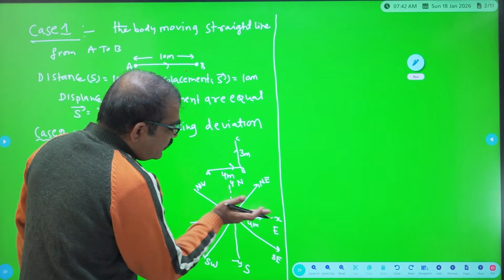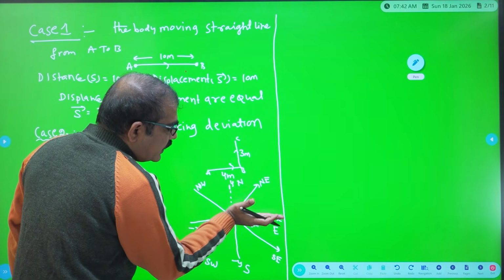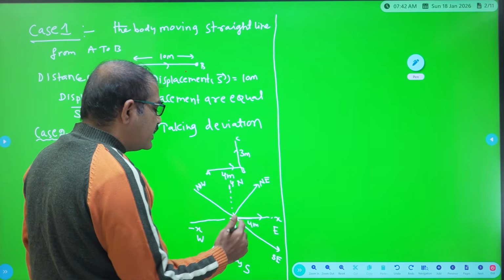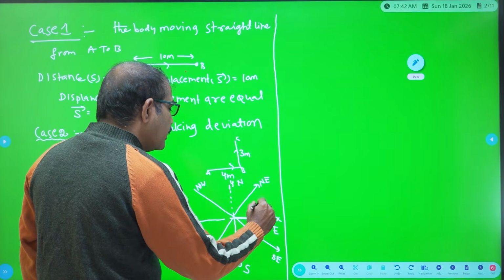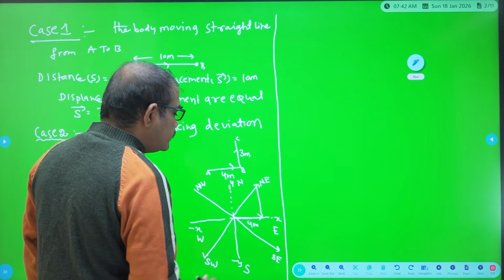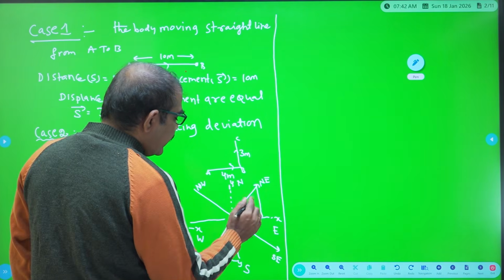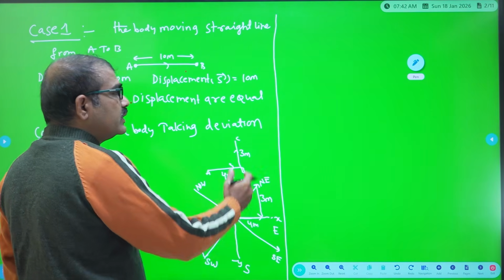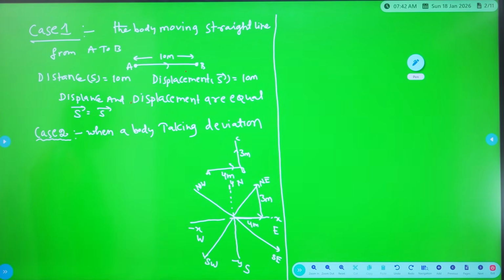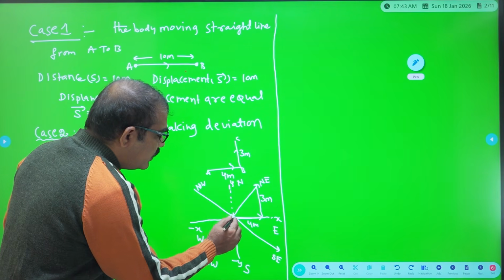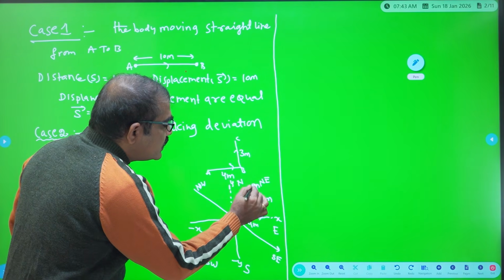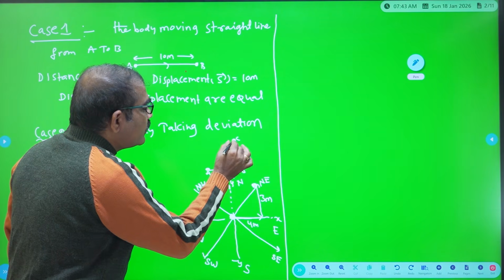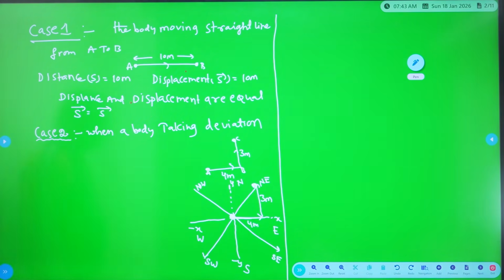Now what happens? The body is moving along east direction 4 meter, then takes deviation. Deviation means direction changes. Then after 4 meter, the body is moving along y direction. This is 4 meter and this is the 3 meter. The body's initial position is A, final position is C. Find distance and displacement.